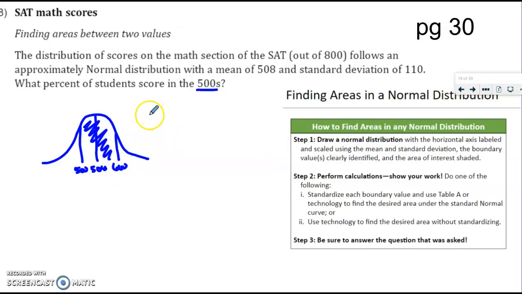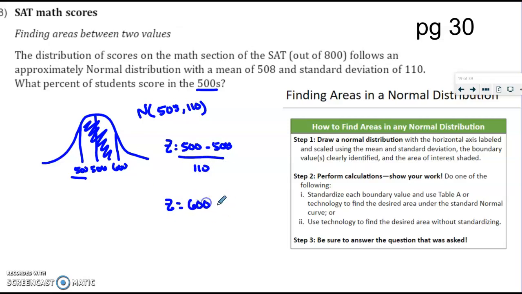Okay, so this is still normal, and in this case we have 508 and 110. So the first thing that we're going to do is find the z-score for each of these. So we're going to do z equals 500 minus 508 over 110, and then we're going to find 600 minus 508 divided by 110.